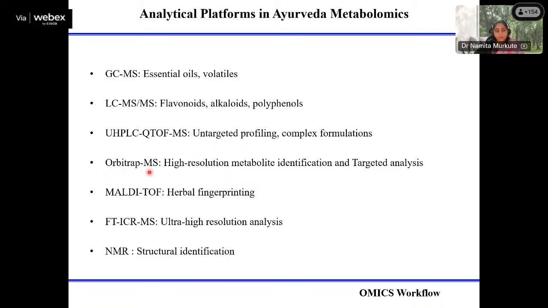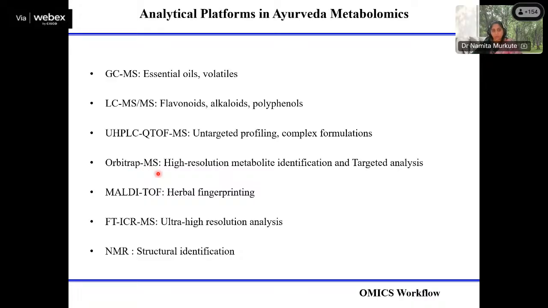Now Orbitrap is a very sensitive machine, and it is very popular nowadays. It uses a slightly different technique for identification. For ionization the same technique is there, ESI, but its analyzer uses a different technique.